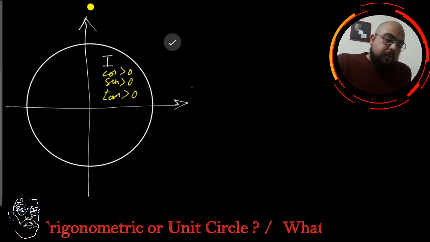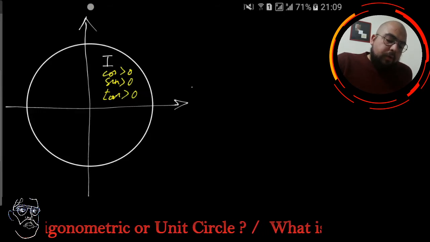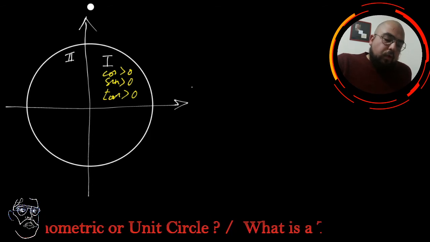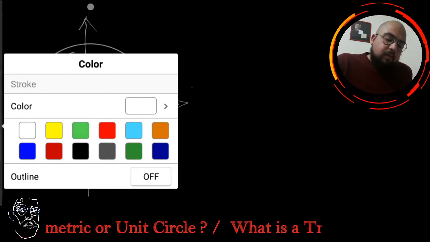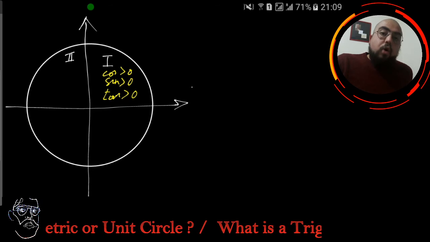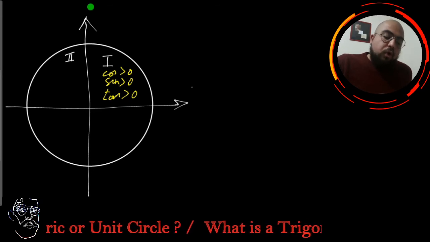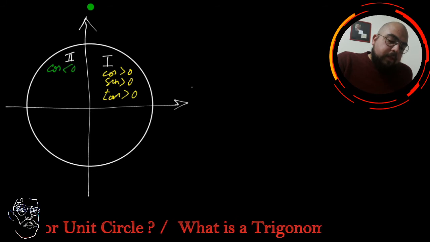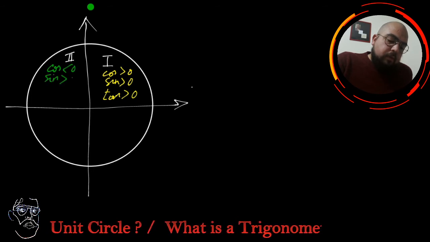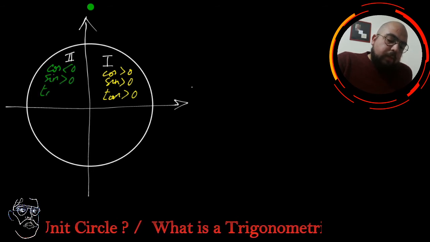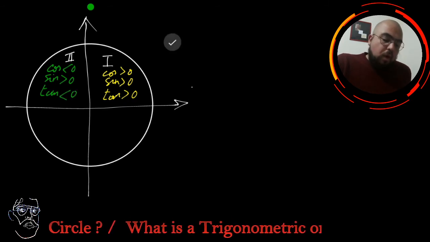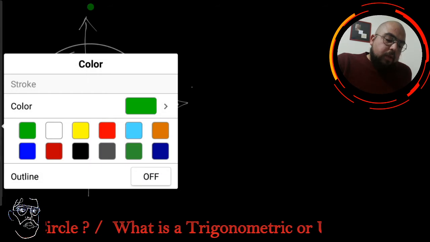What about the second quadrant? In the second quadrant, the abscissa is negative, the ordinate is positive, so cosine will be negative, sine will be positive, and tangent will be negative. Of course, cotangent will be also negative. What about the third quadrant?